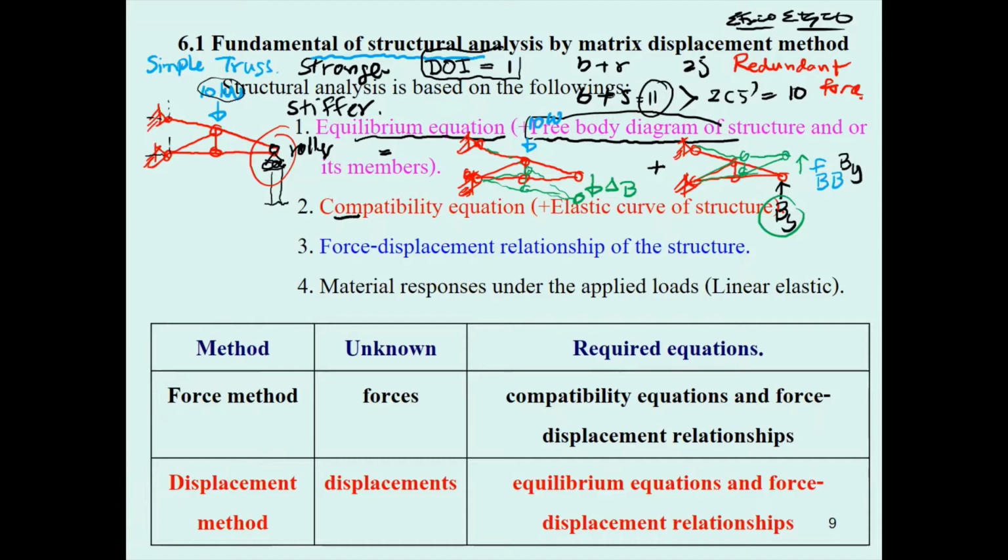Now, you may have set up the compatibility condition in which the deflection at this point is 0, equal to the deflection of delta sub B plus minus f sub bb times B sub y, since it's in the upward direction.